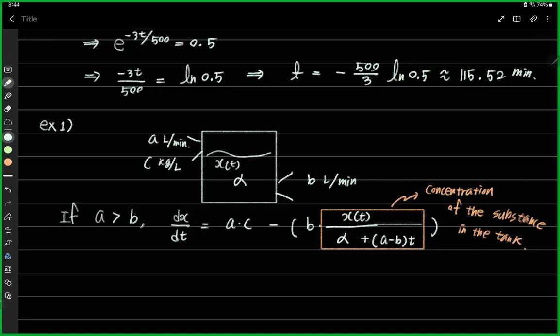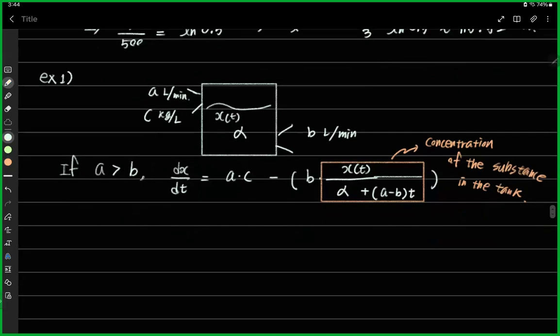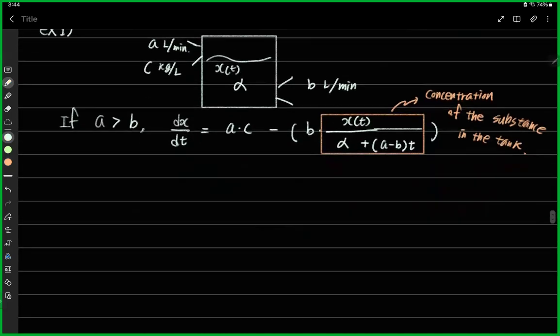Okay, that's for the 3.2 chemical mixing problem. It was just a simple example of a compartmental system. Now in chapter 5, we're going to study two coupled systems. We're going to see this kind of problem when you learn systems of differential equations.